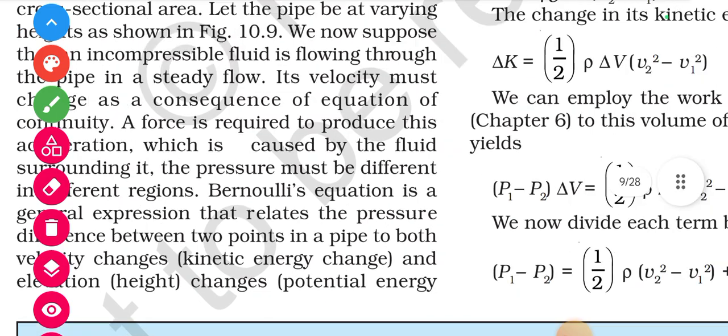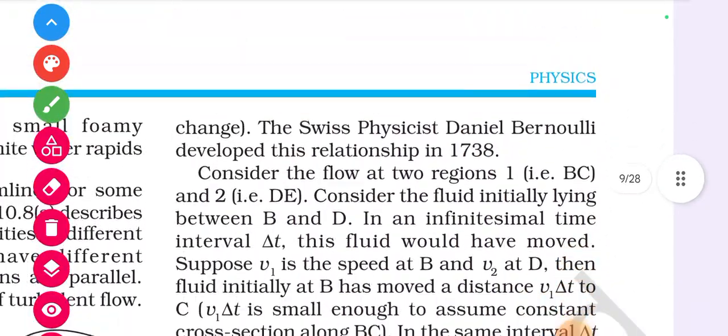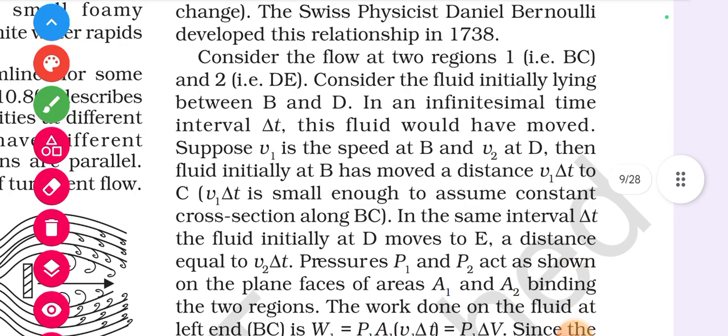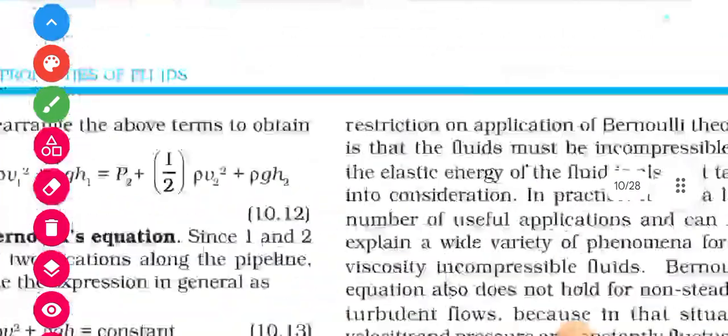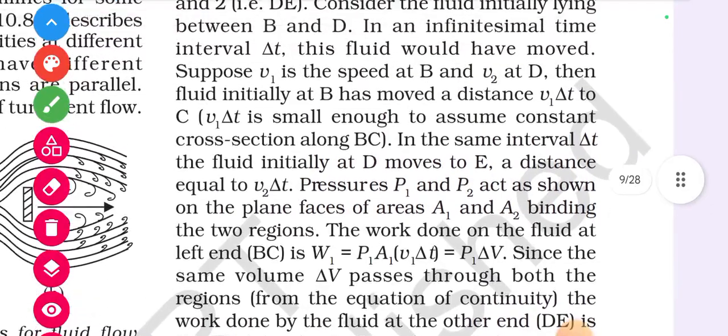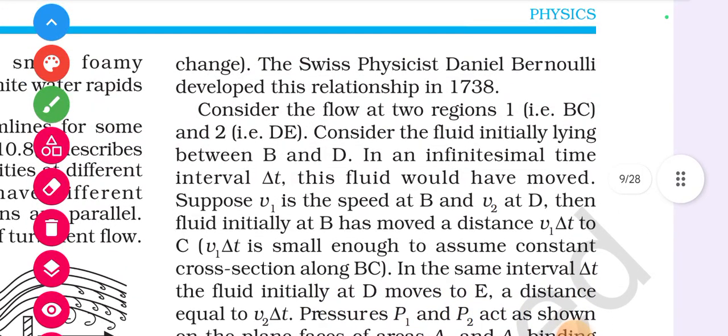Now consider the flow at two regions, BC and DE. You can see the regions clearly in the diagram: the BC region and the DE region, marked 1 and 2. In an infinitesimal time interval delta t, this fluid would have moved.